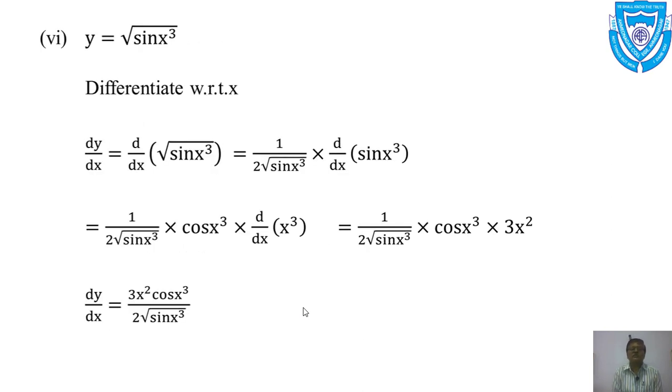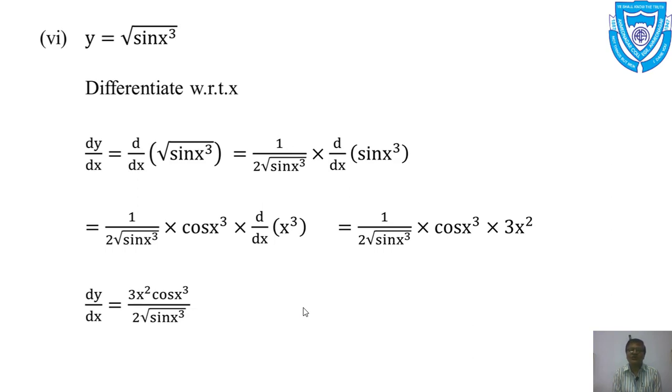Next example is y is equal to square root of sin x cube. It is root u. We treat this as root u. So dy by dx is equal to 1 upon 2 root sin x cube into derivative of sin x cube. Now derivative of sin x cube is cos x cube into derivative of x cube.